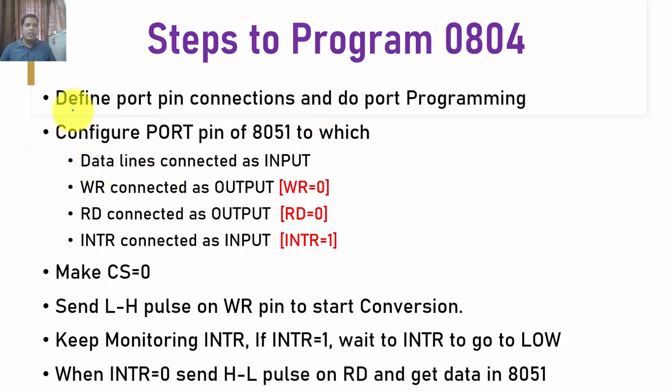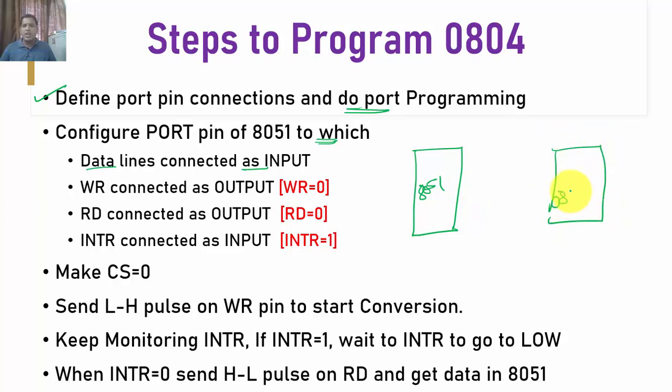First of all, define the port pin connections and do the port programming, then configure the 8051 microcontroller pins, with the data lines connected as input, because the interfacing diagram is like this. We have the 8051 microcontroller and the ADC 0804. The analog data comes from the sensor and is read by 0804, so we have to select this chip.